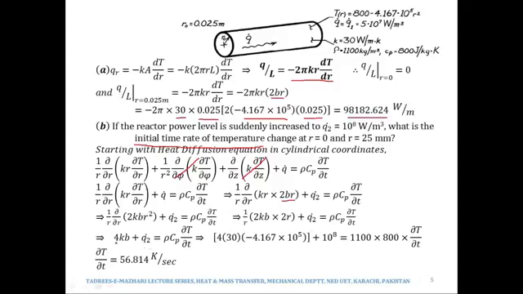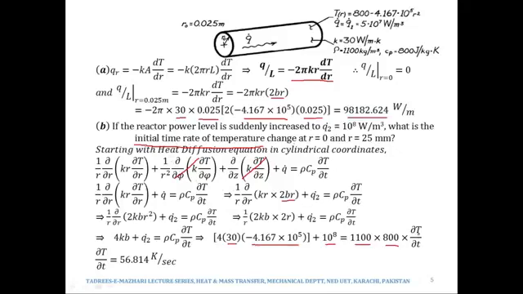Now if we put in the values, k is given as 30 watts per meter Kelvin, b is given as minus 4.167 times 10 to the power 5, and the power level is increased to 10 to the power 8, equal to the density of the fuel rod material, which is 1100, times the specific heat capacity, which is 800, times dT by dt. So dT by dt is the time rate of temperature change.